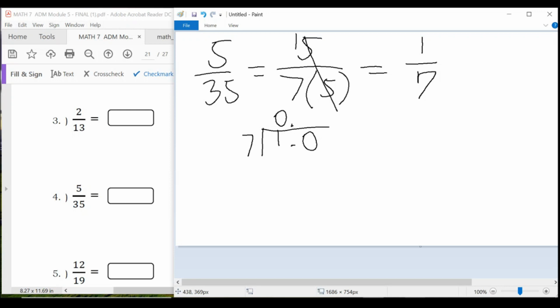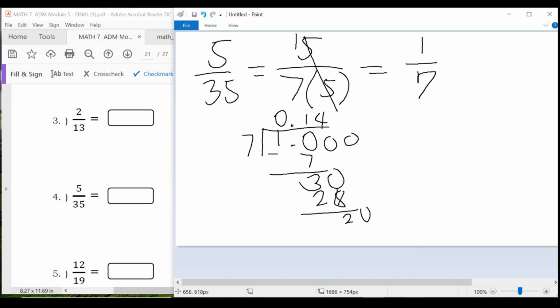Para 10 divided by 7, that is 1. 1 times 7 is 7. 10 minus 7 is 3. Then add 0. 30 divided by 7, you could have 4. 4 times 7 is 28. And that is 2. 30 minus 28. So add 0 again.